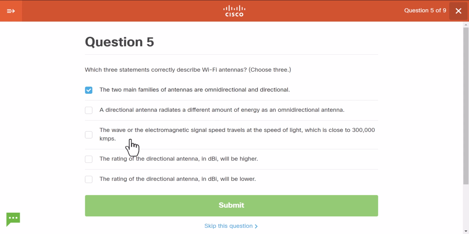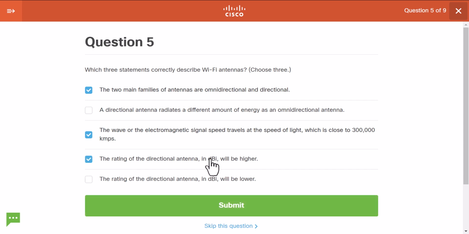The electromagnetic signal travels at the speed of light, which is close to 300,000 kilometers per second. And this is the correct answer. The speed of propagation of an electromagnetic signal is close to the speed of light. Will the rating of the antenna in dBi be higher or lower for the directional antenna?